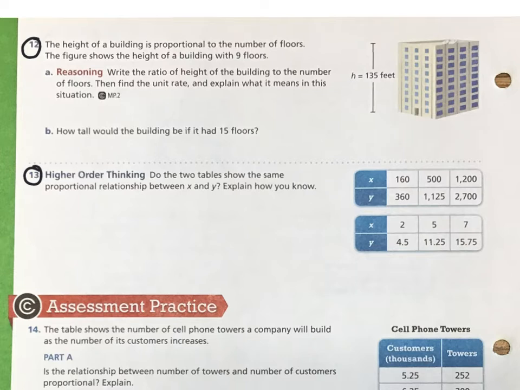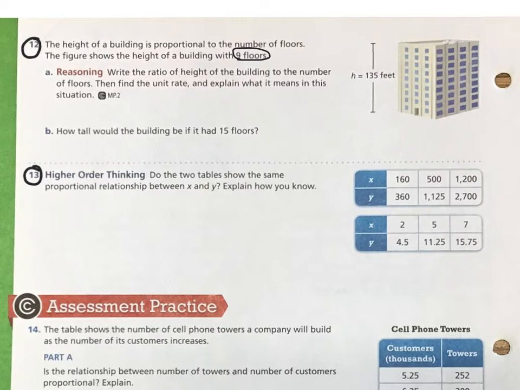Our last 3 questions are on page 102. We're going to complete numbers 12, 13, and 15 on this page. Number 12. The height of a building is proportional to the number of floors. The figure shows the height of a building with 9 floors.